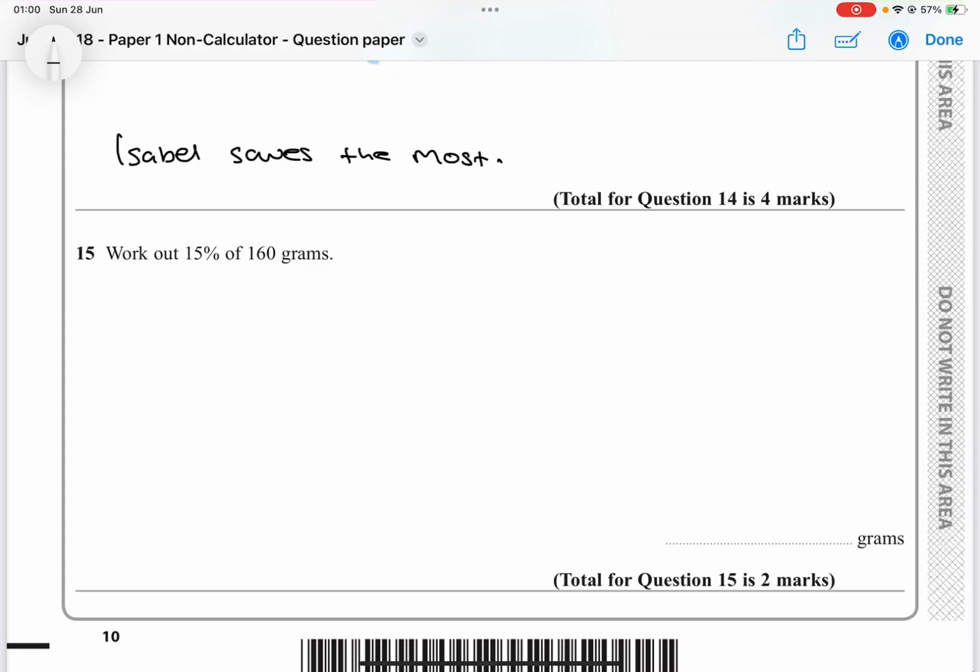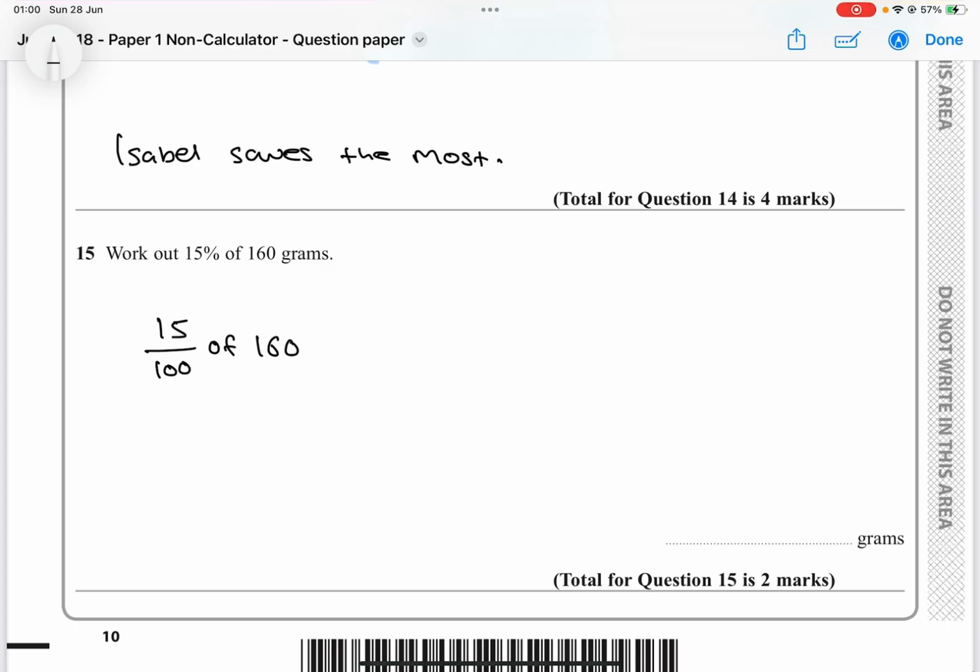Question 15. Work out 15% of 150 grams. Fairly easy question. I'm going to rewrite this 15% as a fraction. Okay? So that'll be 15 over 100 of 150. A lot of students get tripped up over here because they see "of".